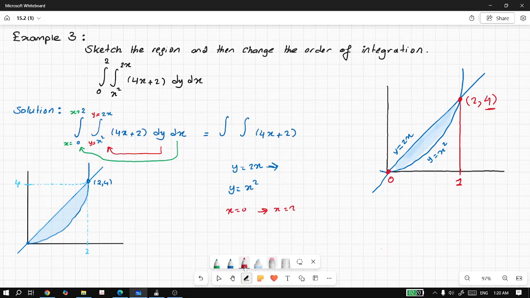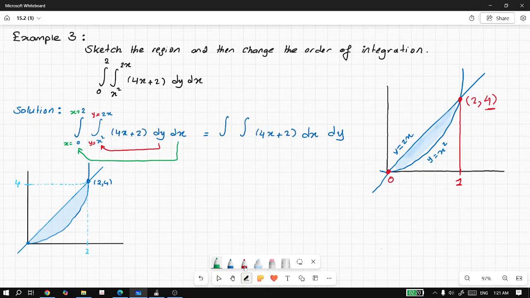Now we are coming to change the order of integration. To change the order of integration, we have to change the inner one to dx and the other one to dy. How can we do that?